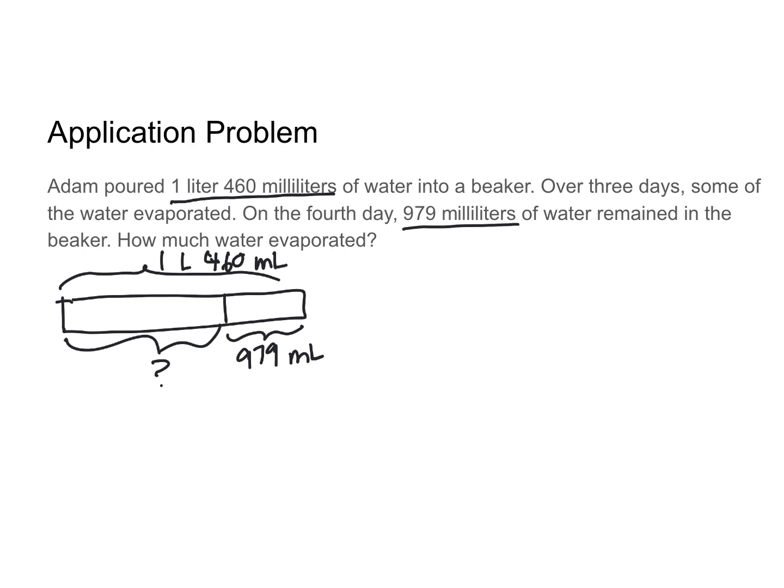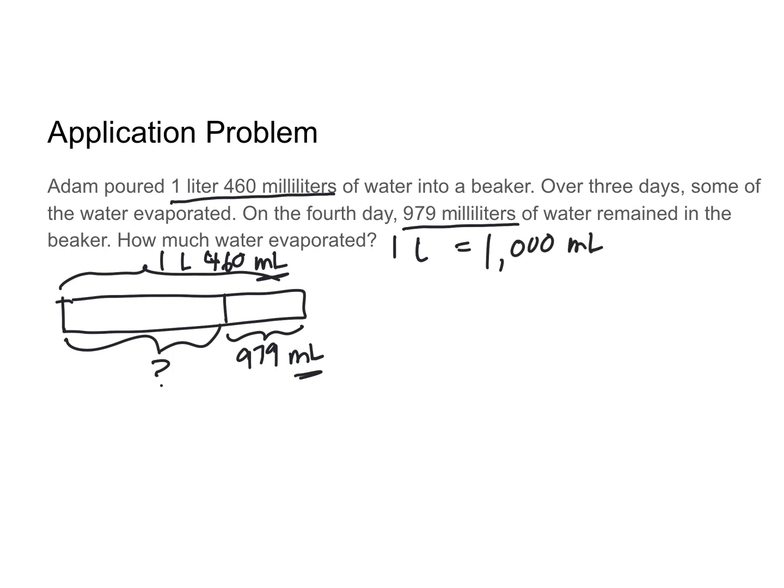I think the simplest way would be to put it all into the same measurement. So rather than doing 1 liter, 460 milliliters, I'm going to put it all into milliliters. So 1 liter I know is 1,000 milliliters, right? So I can start with that.